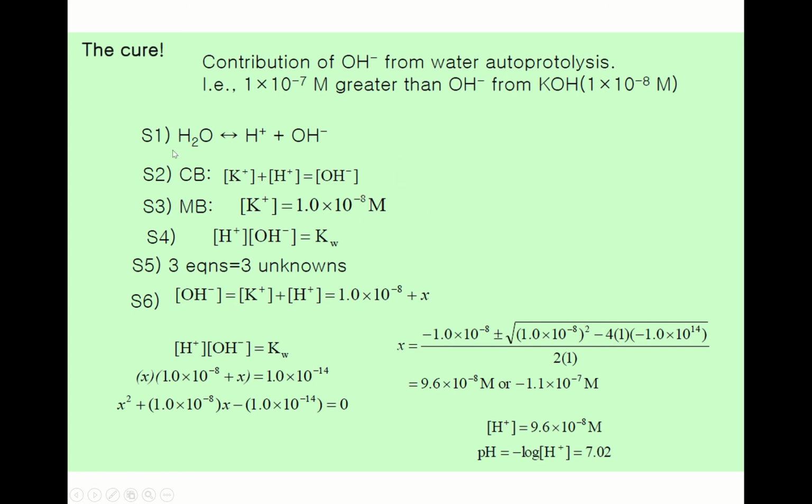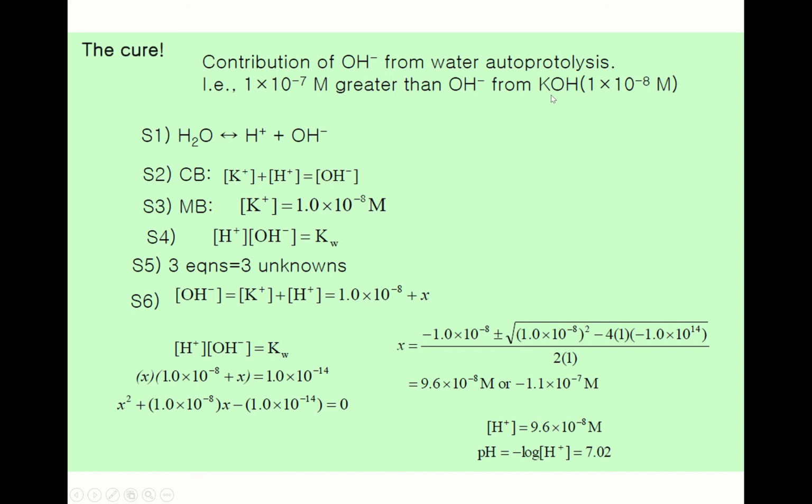For this we apply the charge balance equation and the mass balance equation. From the charge balance equation we can write this: the sum of positive charges is the sum of negative charges. There is only one negative charge, the hydroxide ion, but two positive charges, potassium and protons. We also apply the mass balance equation.